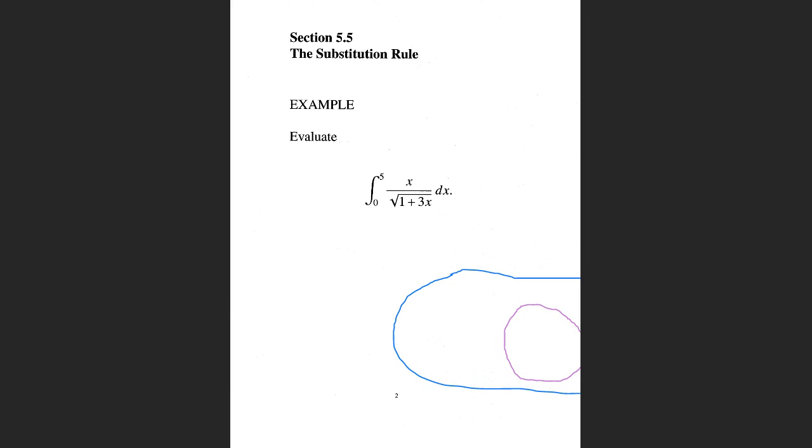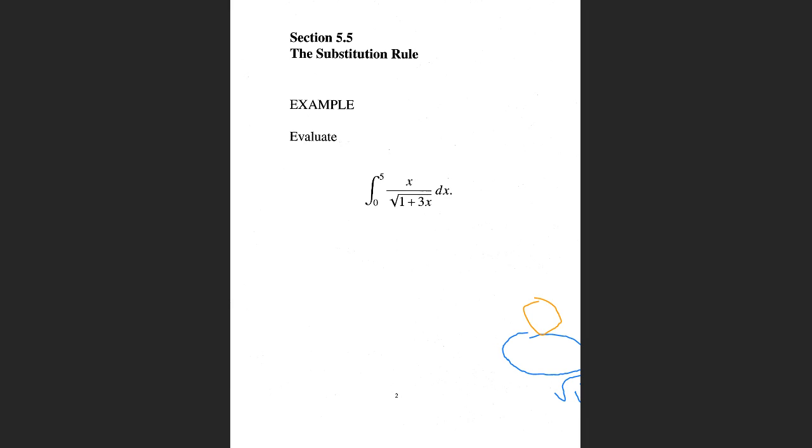So if we let u equal 1 plus 3x, in the denominator we have the square root of u. But what's left to account for would be the x and the dx.